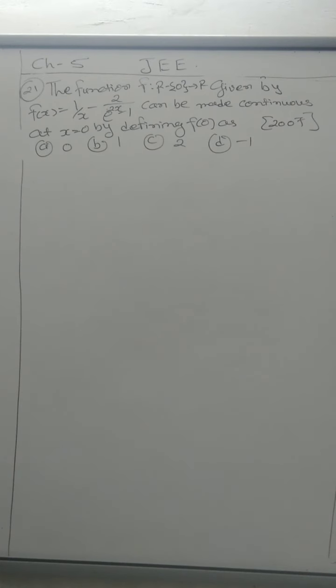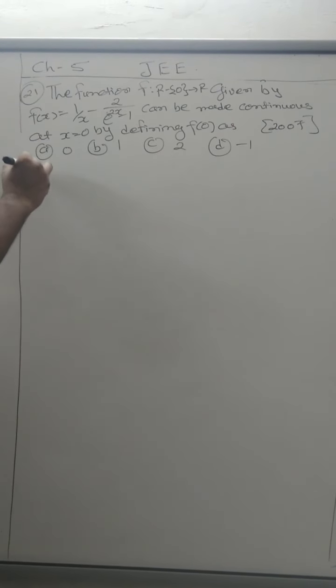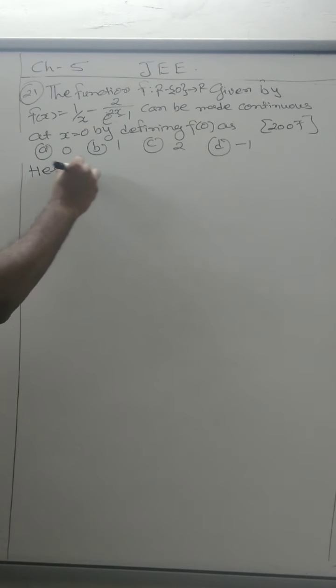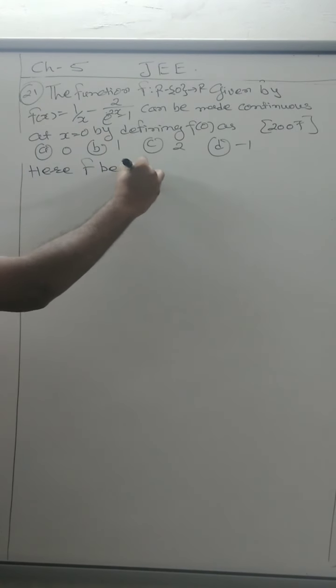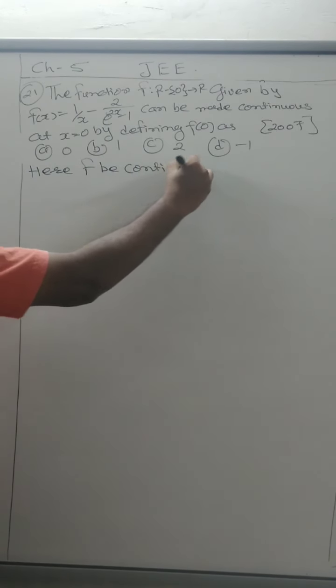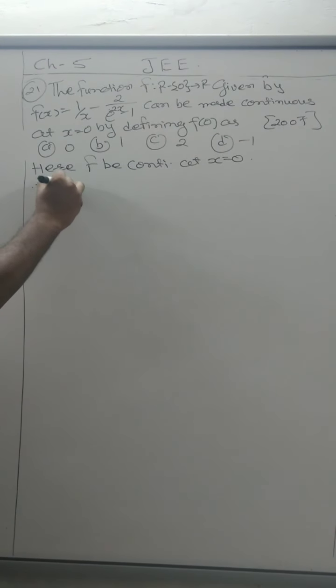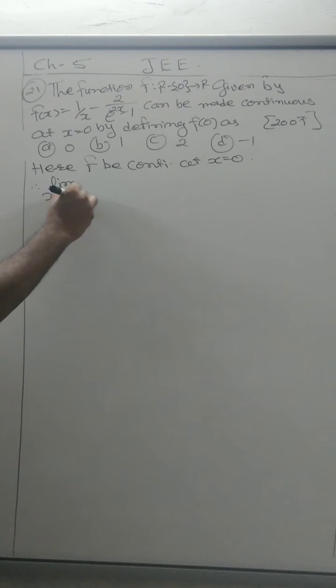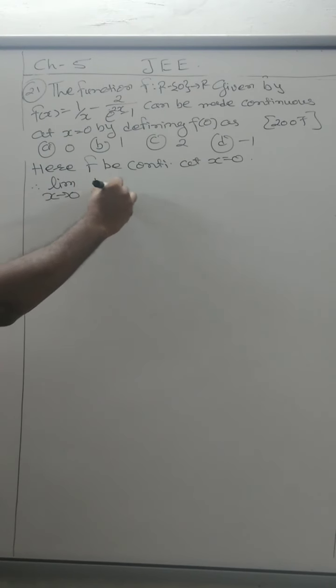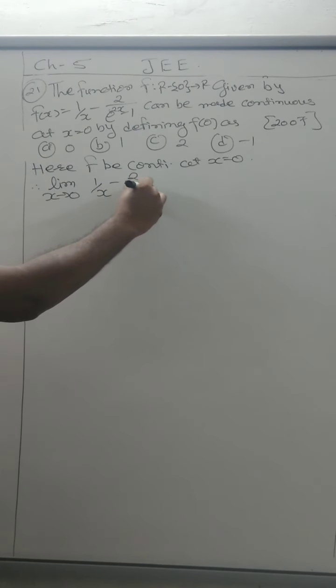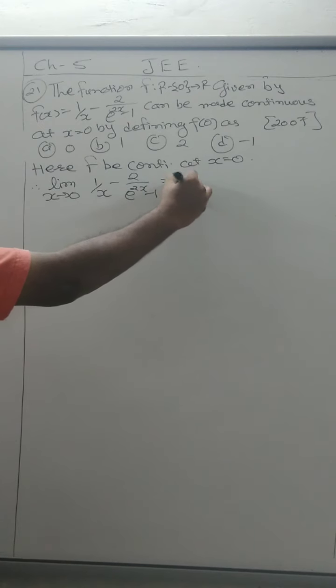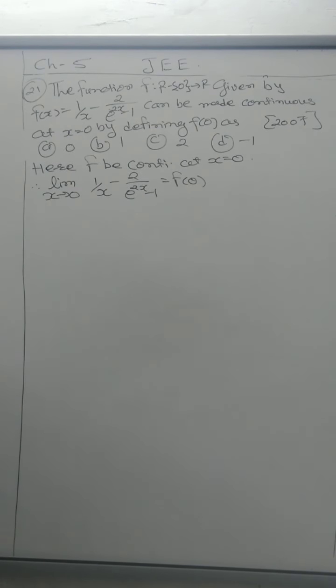First of all we want to define f at x = 0 such that f is continuous at x = 0. Therefore limit x tends to 0 of 1/x minus 2/(e^(2x) - 1) is equal to f(0) for continuity.